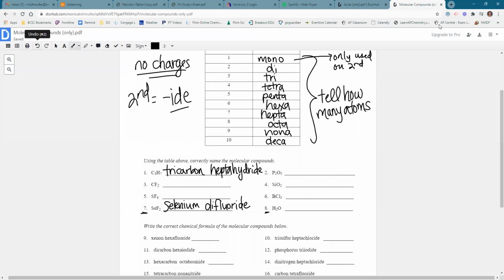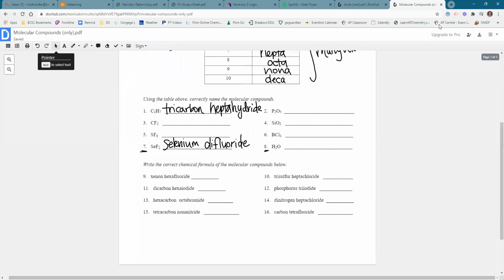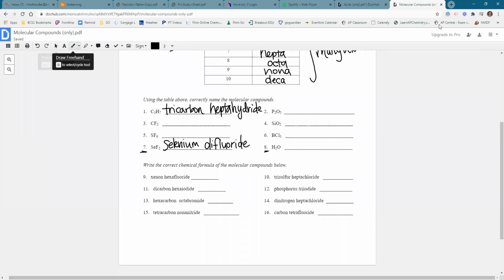Now for the bottom part, quickly, the prefixes tell how many, right? So like number 9, xenon hexafluoride. If there is not a prefix on the first one, just like we did with number 7, that means there's only one of them.